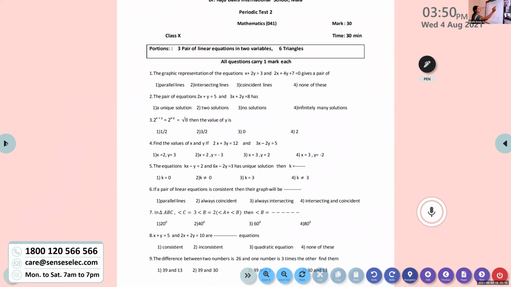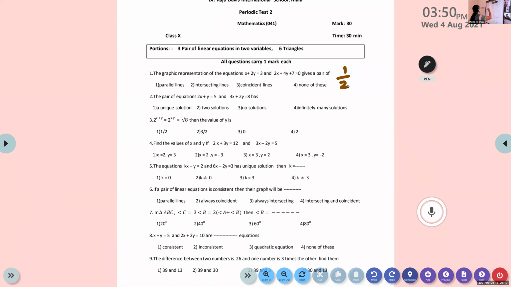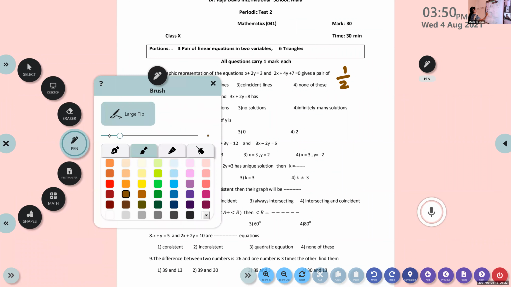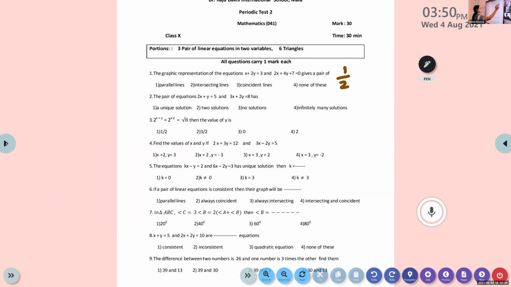You just check the answers like this. 1 by 2 is equal to 2 by 4, which is not equal to minus 3 by minus 7, isn't it? That much step is enough. The condition is A1 by A2, because for the step, no marks. So what is the condition? Just parallel lines.